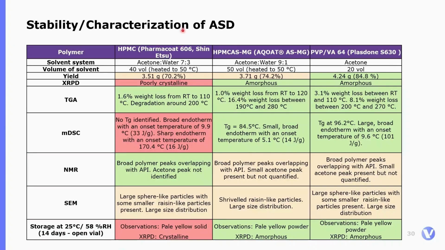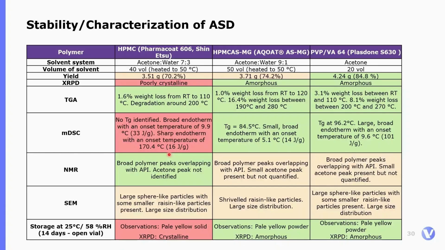We spray dried 3 different polymers: HPMC, HPMCAS medium grade, and PVPVA 64, each with a drug loading of 20%, and then we carried out a full characterization of the resulting materials. With HPMC, we unfortunately obtained a poorly crystalline solid, which indicated limited success in stabilizing Piroxicam in the amorphous state.